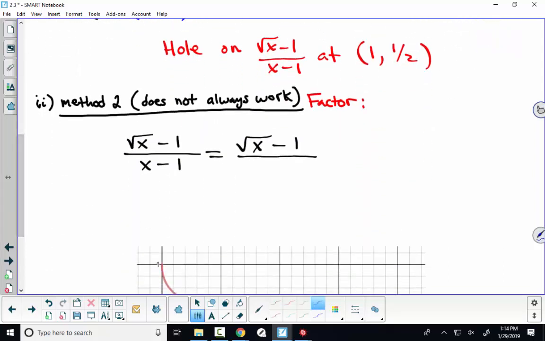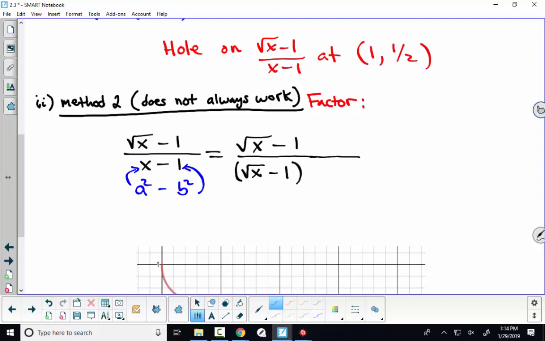In other words, if I think of this as a squared, and this is b squared, then I can sort of reverse engineer that, according to a plus b times a minus b. So if a squared is x, that means a is square root of x.